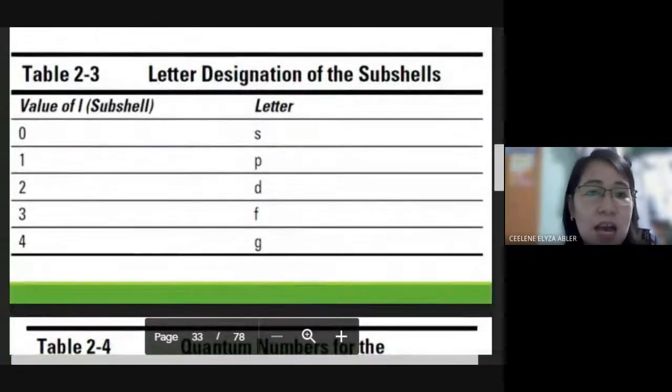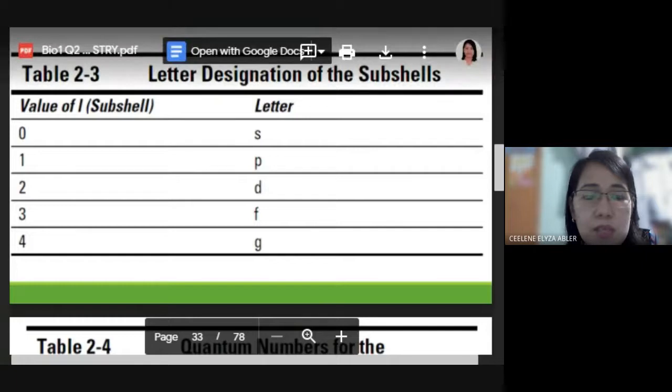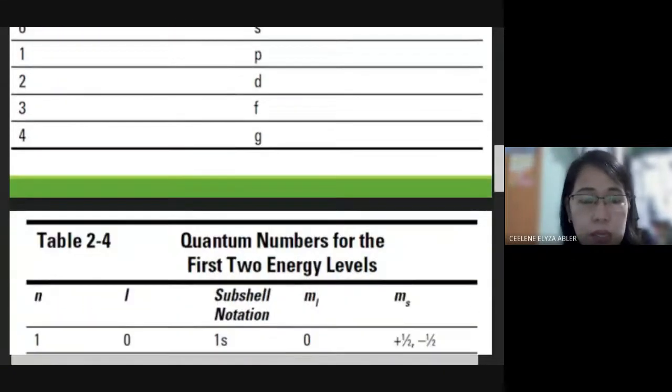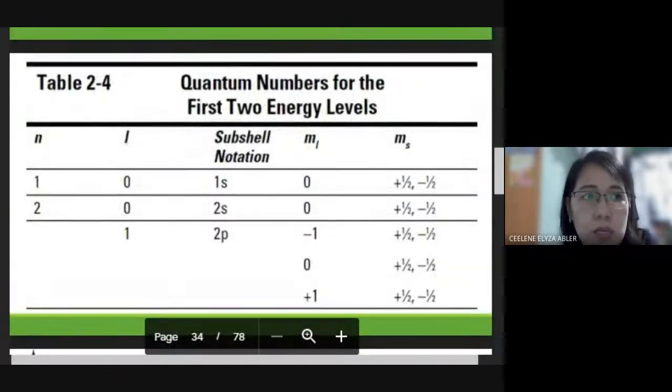So these are the letter designations. If you still remember this one, we have the numbers and we have the letters. So we have the SPDFG. That's the highest one to date, kasi we haven't yet found other elements beyond the ones that we have right now. Okay. So hanggang Oganesson, yun pa lang tayo na mga elements.